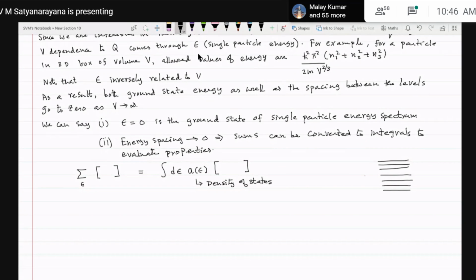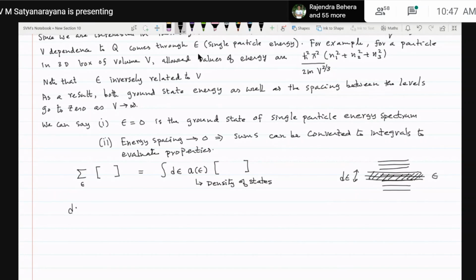So let's say that this is some energy epsilon, and then you have a small window of energy d epsilon. Okay, so the shaded region is this. Now you can ask a question.